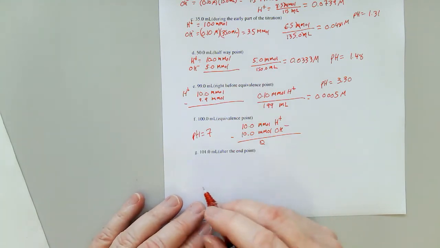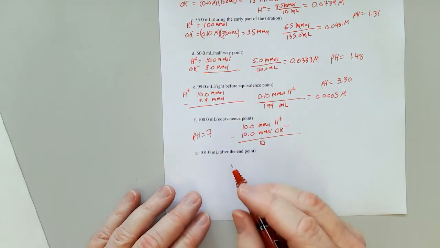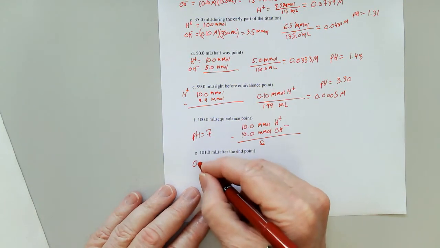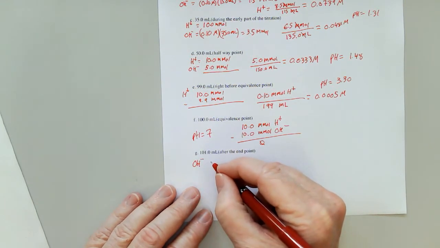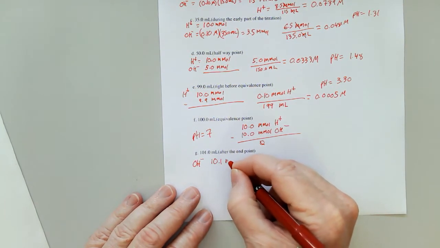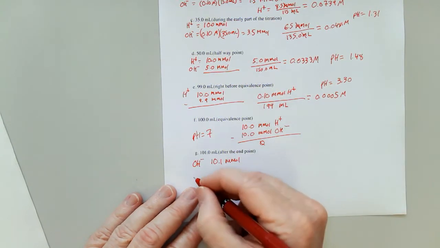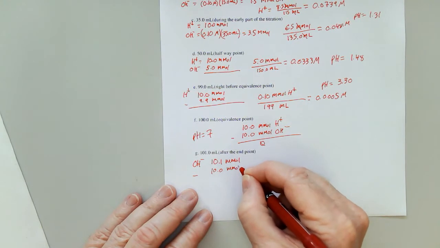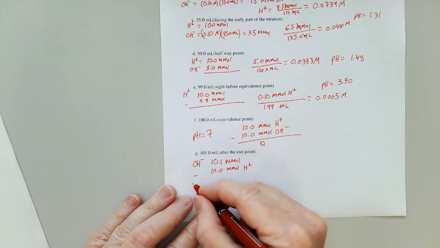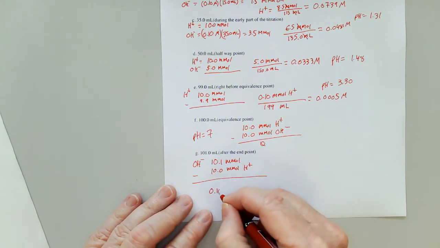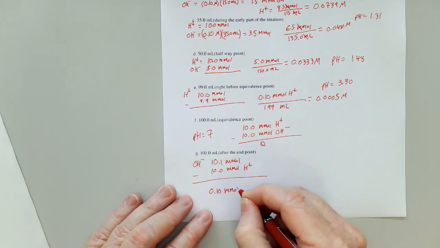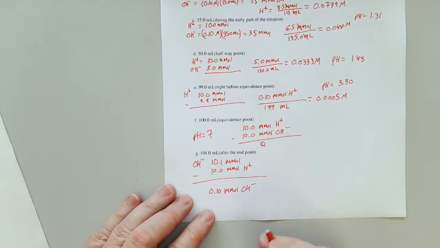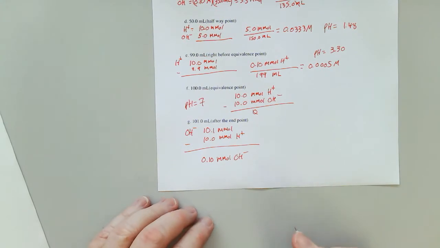Okay. Now what if I overshoot a little bit? Well, what I'm going to do now is I'm going to do the hydroxide first, which is going to be 10.1 millimoles minus the 10.0 millimoles of H plus that I started with, which is 0.10 millimoles of hydroxide that I've got left.